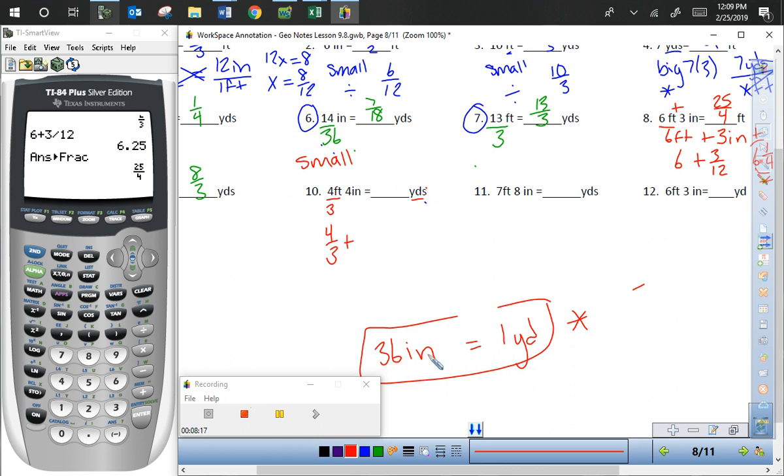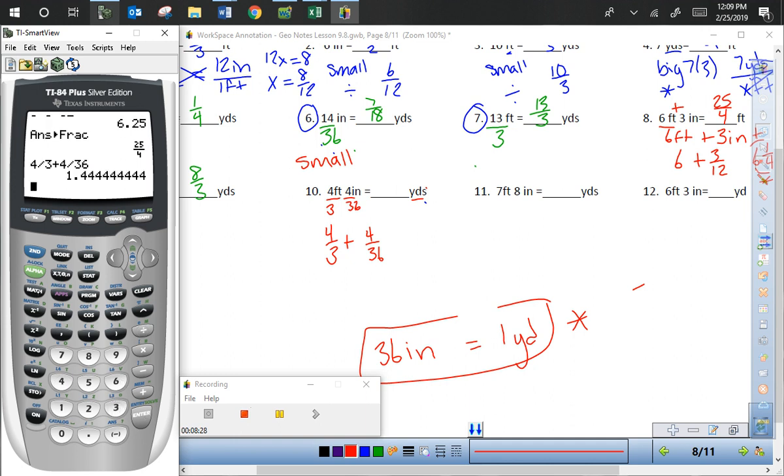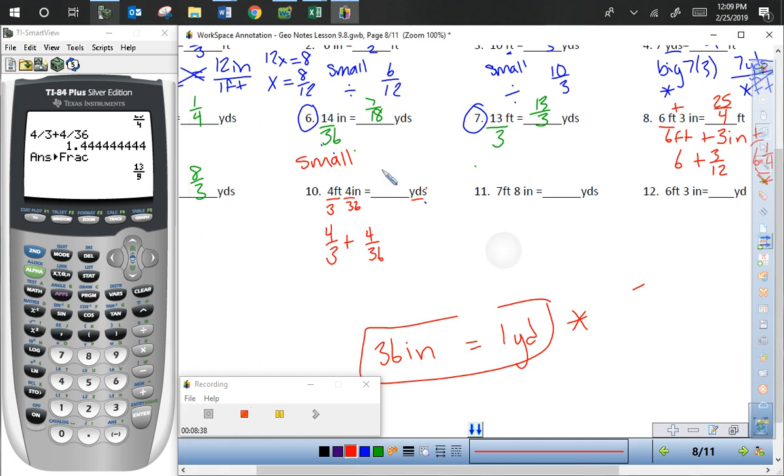Okay, so we talked about just a little bit ago there are 36 inches in a yard, so we'll take 4 and divide it by 36. Again, we'll just let our calculator do that for us. 4 divided by 3 plus 4 divided by 36. And change that to a fraction. 13 over 9, excuse me.